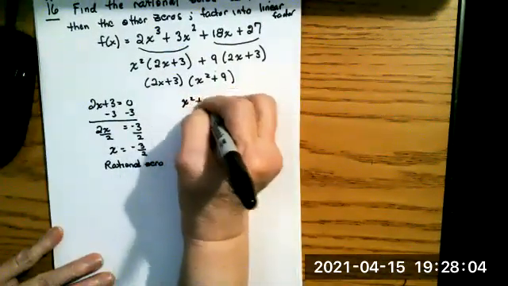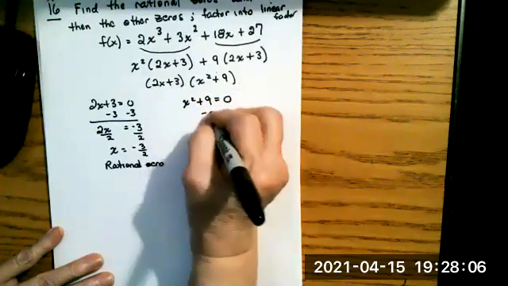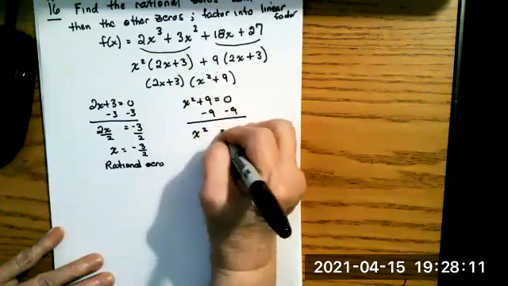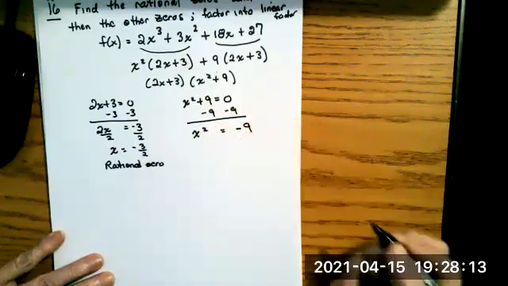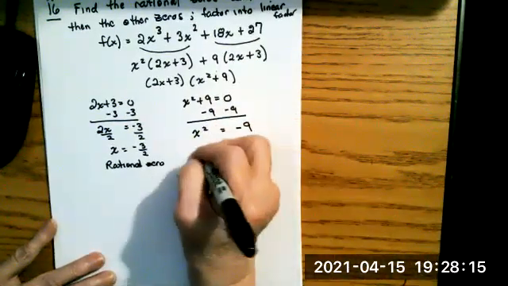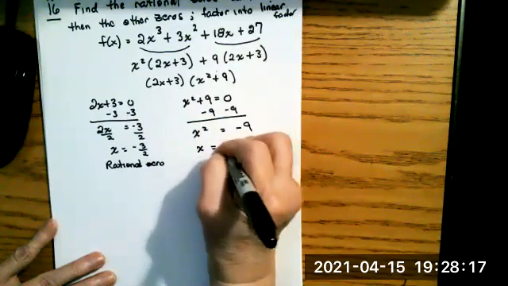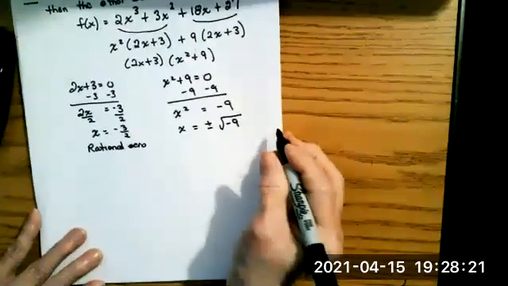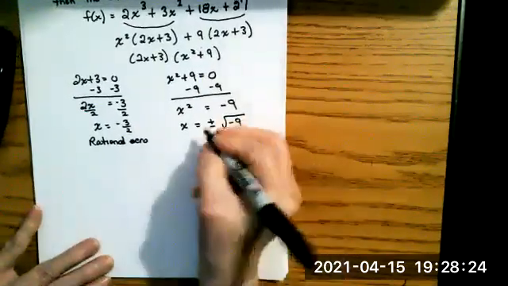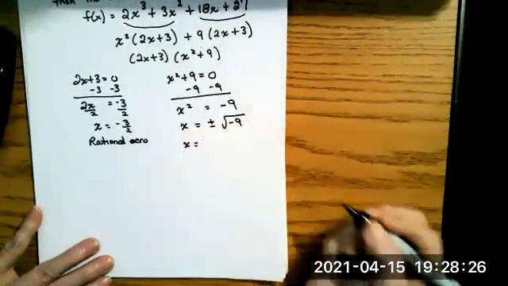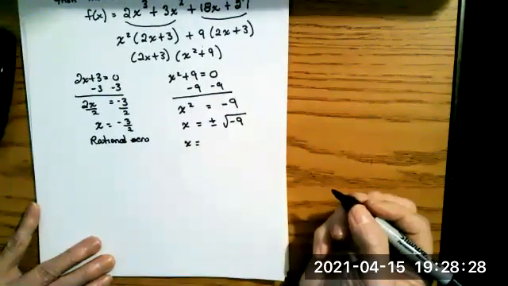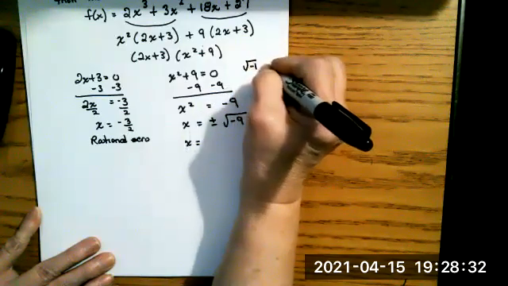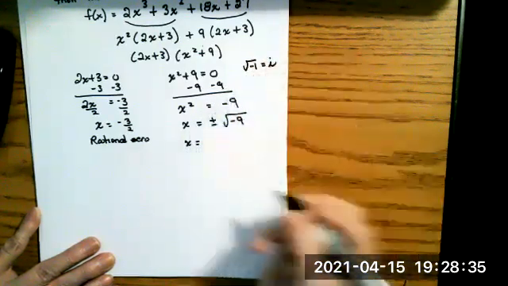X squared plus 9 equals 0. Uh-oh, looks like this one's going to be not rational because I have to take the square root of negative 9. So x equals plus or minus the square root of negative 9. Okay, does anybody remember what I'm going to run into here? You have to pull out the negative to i. That's right. We have to remember that the square root of negative 1 is really i.